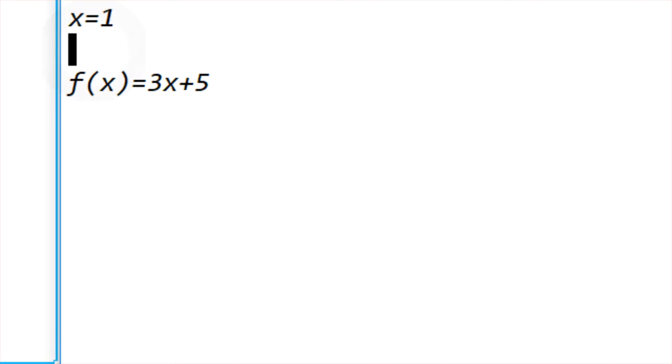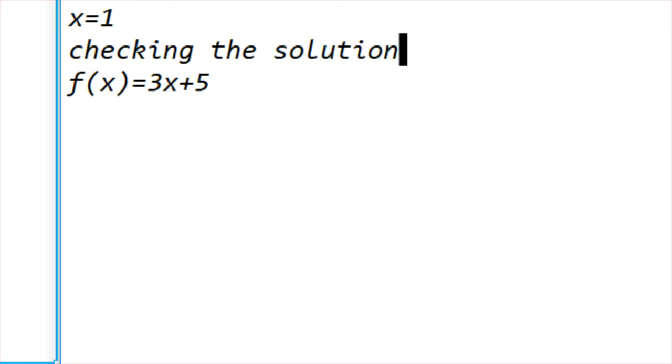We have said that f of x equals 3x plus 5. We are checking our solution.